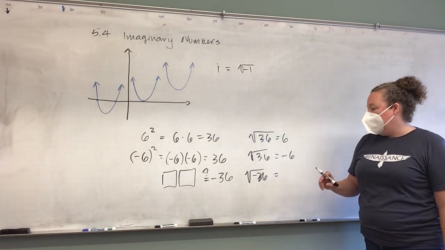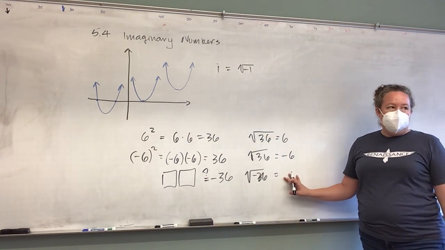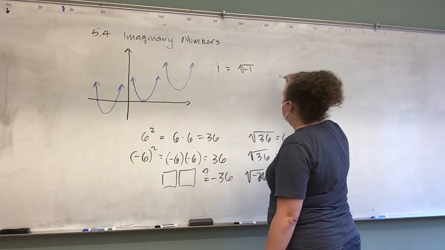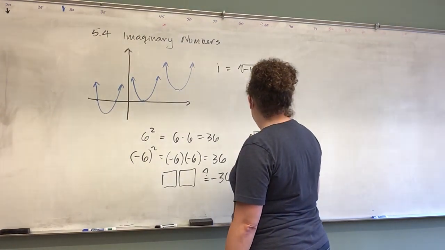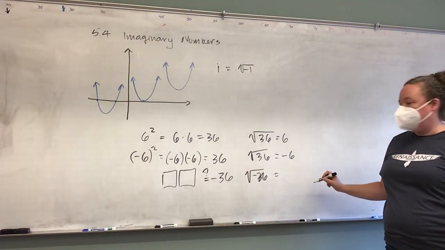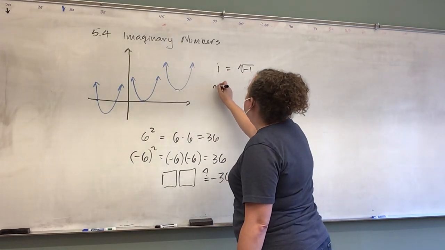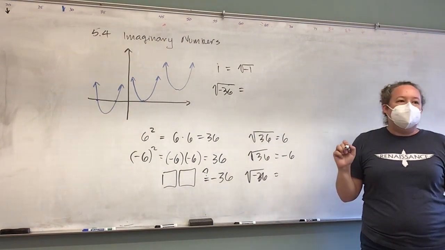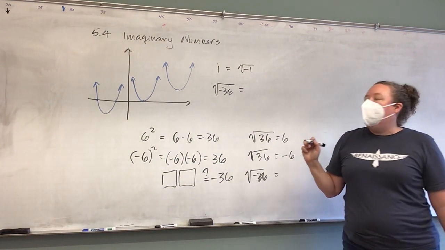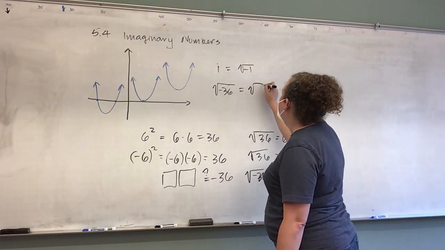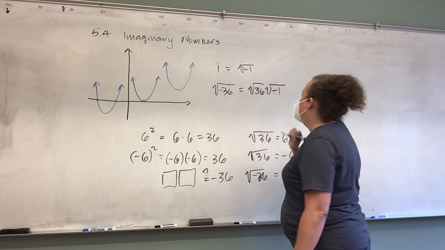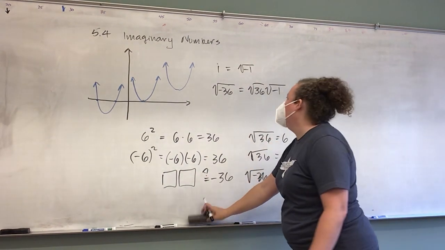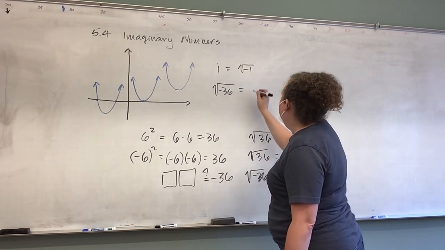So the way that we answer this question, if we try to take the square root of negative 36, for example, we need to separate it into its real and imaginary components. I'm going to really explicitly show every single step here.